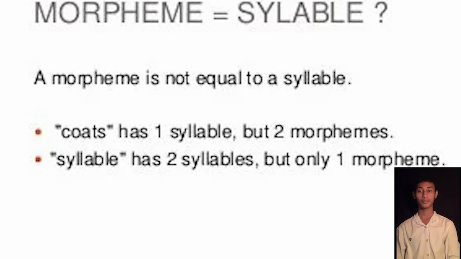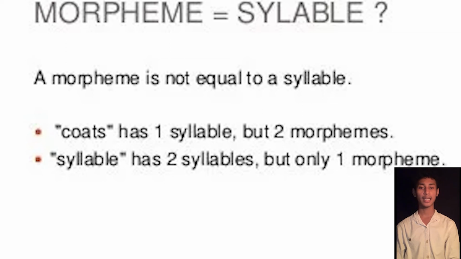I want to give you more examples about syllables and morphemes. Okay, we will look at a word that consists of one syllable and two morphemes.